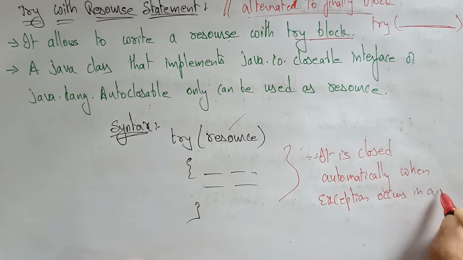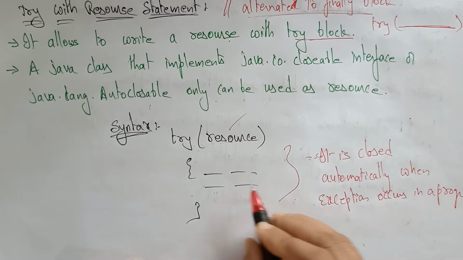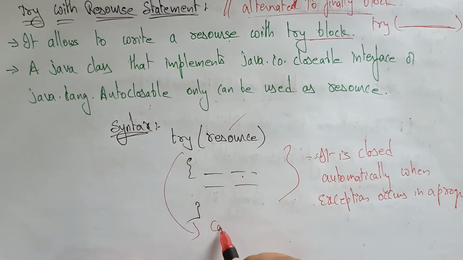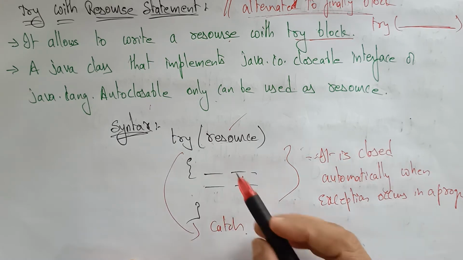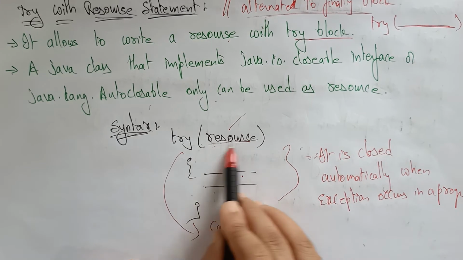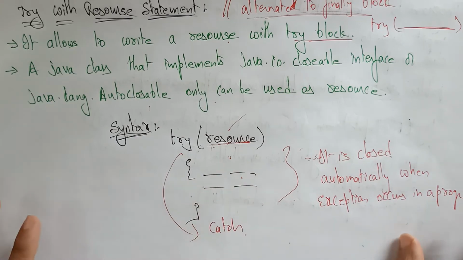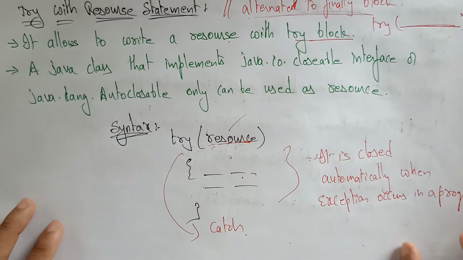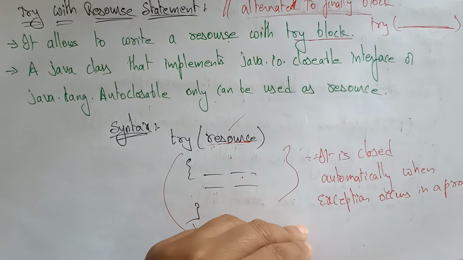Whenever an exception occurs, the controller will jump to the catch block, and these resources are automatically closed.